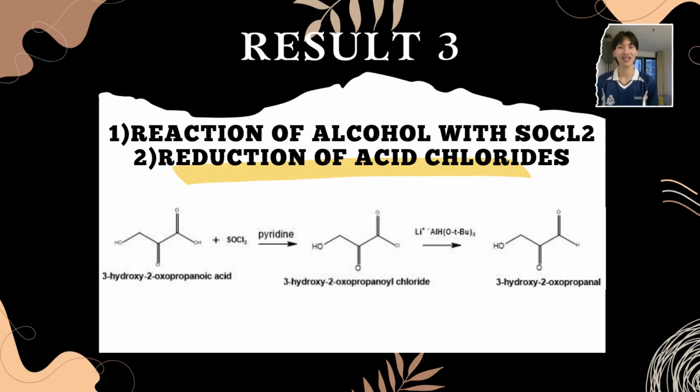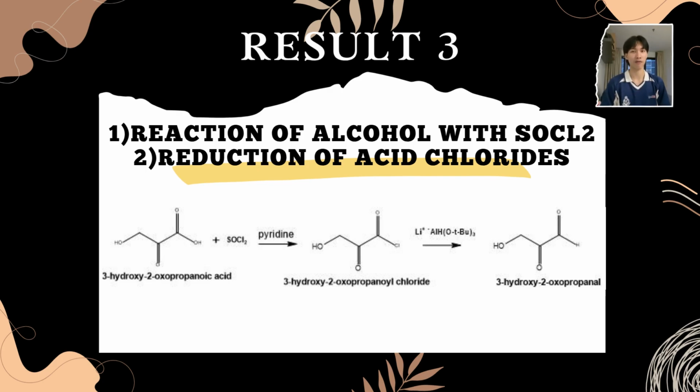Now, let's move on to a multi-step transformation starting from 3-hydroxy-2-oxopropanoic acid. This reaction showcases how a carboxylic acid can be reduced to an aldehyde. Here we begin with 3-hydroxy-2-oxopropanoic acid, which contains 3 key functional groups: a carboxylic acid, a ketone on carbon 2, and the hydroxy group on carbon 3. In the presence of COCl2 and pyridine, the carboxylic acid is converted into an acid chloride, forming 3-hydroxy-2-oxopropanoyl chloride.